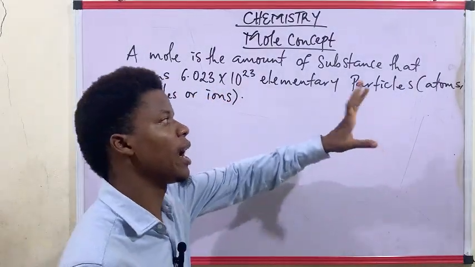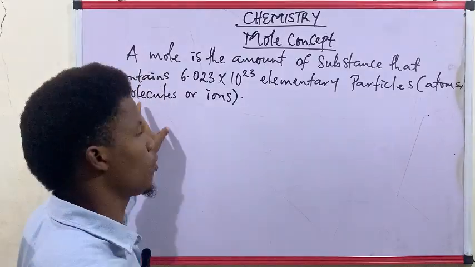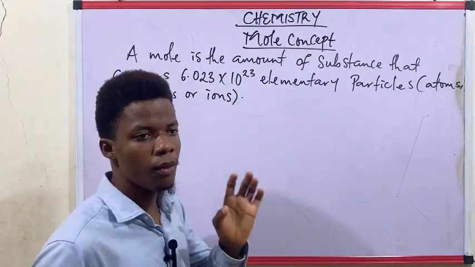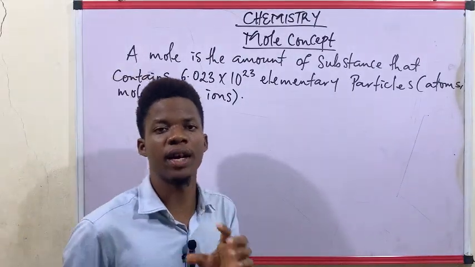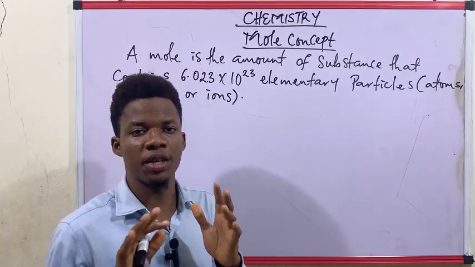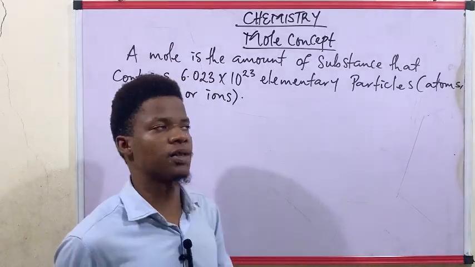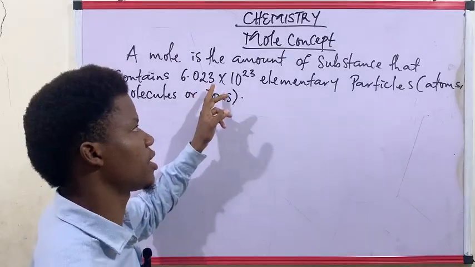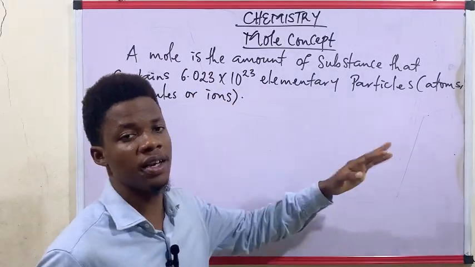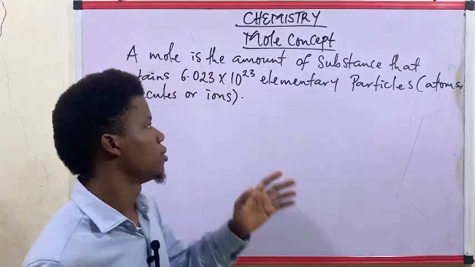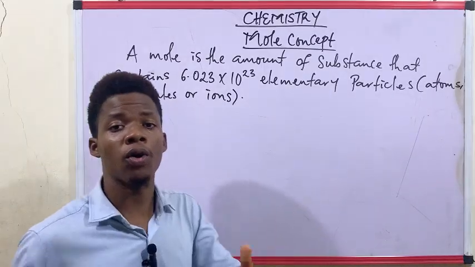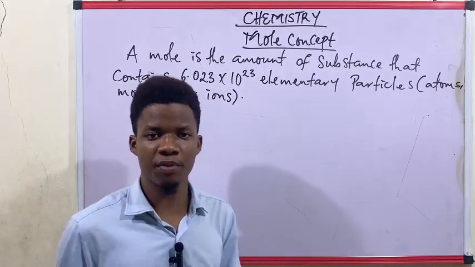These particles are either atoms, molecules, or ions. So in summary, a mole is the amount of substance that contains 6.023 times 10 to the power of 23 atoms or molecules or ions, as the case may be.